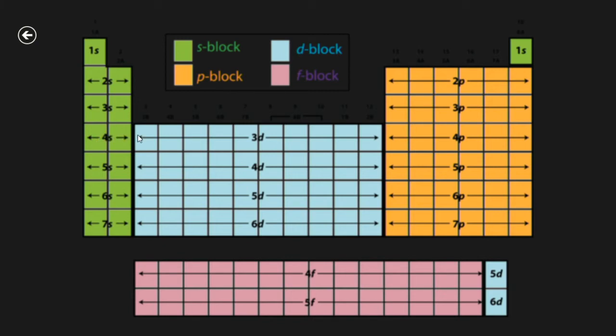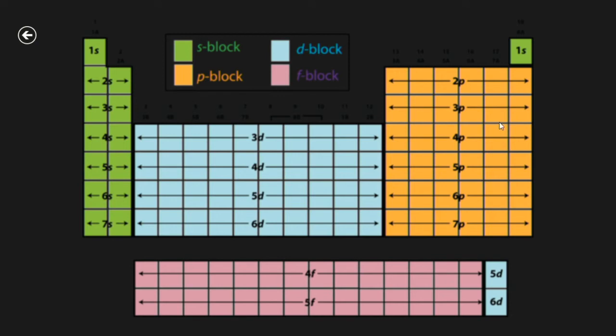Well, you keep going, but this time you drop down to 3d. You're in the d block, and so you go 3d1, 3d2, 3d3, 3d4, 3d5, 3d6, 3d7, 3d8, 3d9, 3d10, and then back up to 4p1, 4p2, 4p3. You see what I did there?